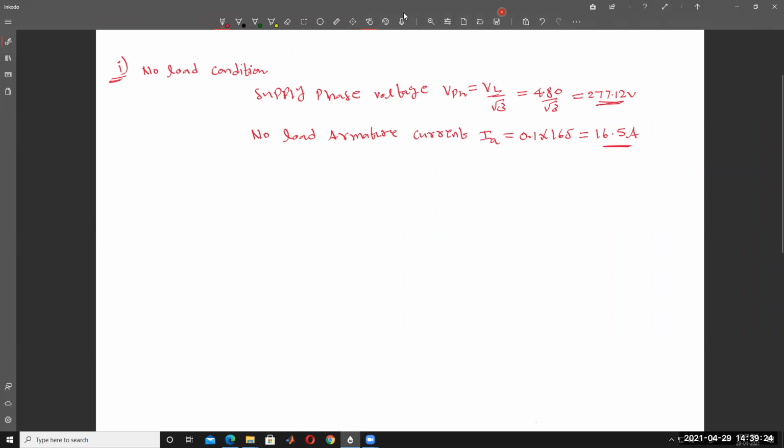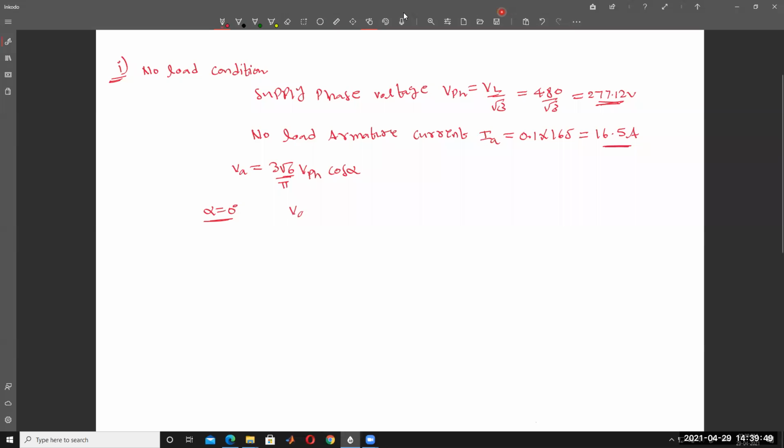So you know the terminal voltage VA. For a 3-phase full converter, VA is equal to 3 root 6 by pi into V phase cos alpha, you know the relation. First, alpha is equal to 0.